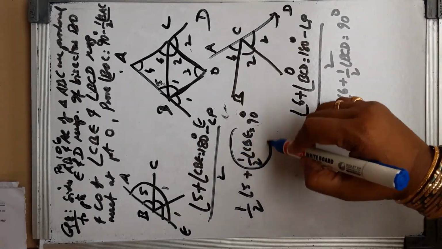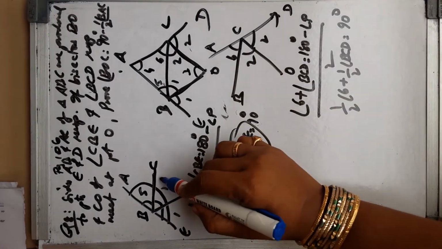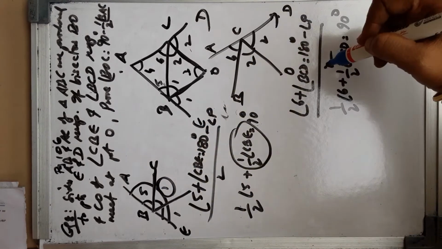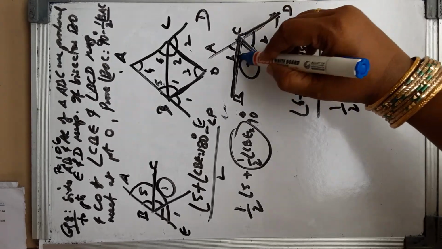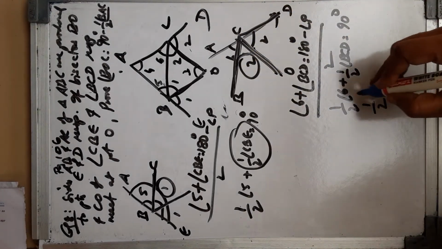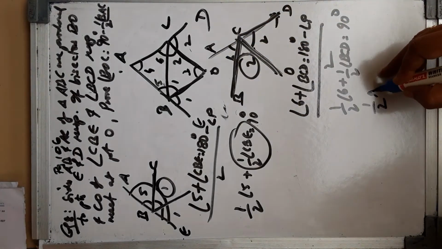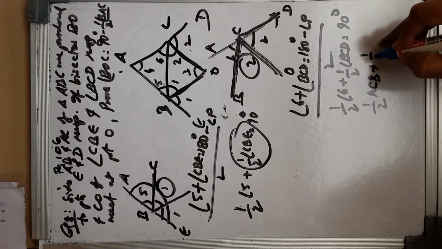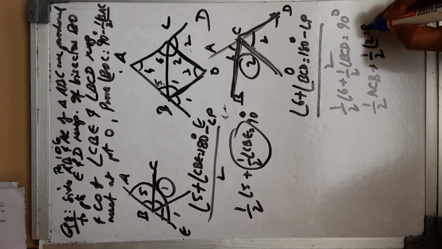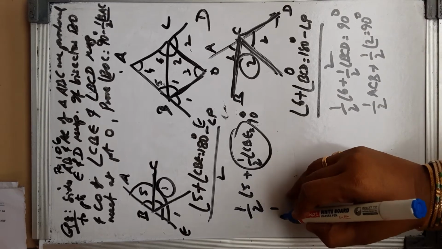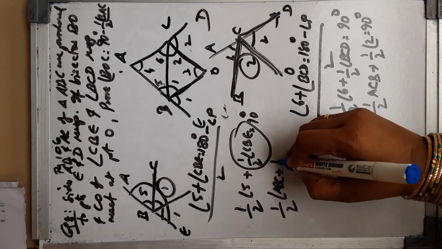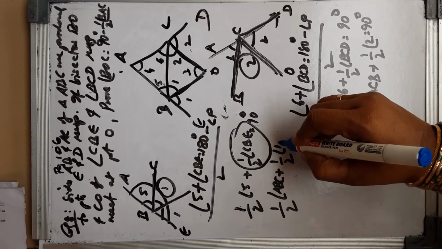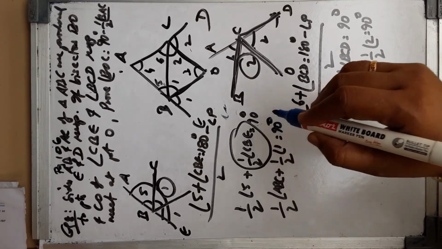Here half CBE is nothing but angle 1 and half of BCD is nothing but angle 2. Therefore, half of ACB plus half of angle 2 equals 90 degrees, and here half of angle ABC plus half of angle 1 equals 90 degrees.